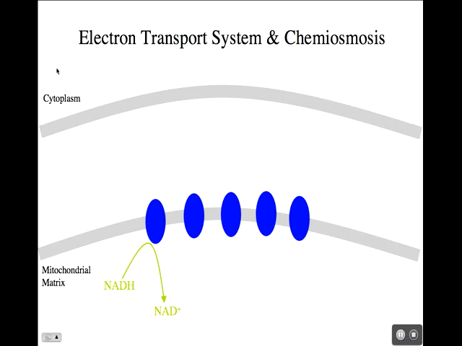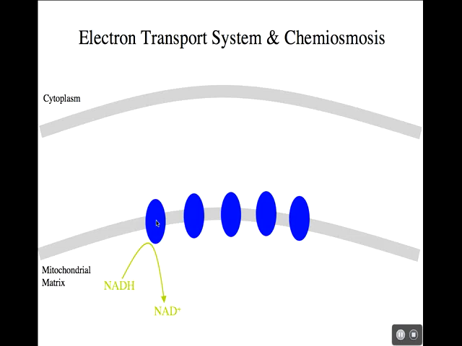NADH is going to come up and get close to one of these proteins, and the protein will pull off that electron, turning NADH back into NAD. NADH just got oxidized to be turned into NAD. That electron is now here on this first protein. So this first protein just got reduced.